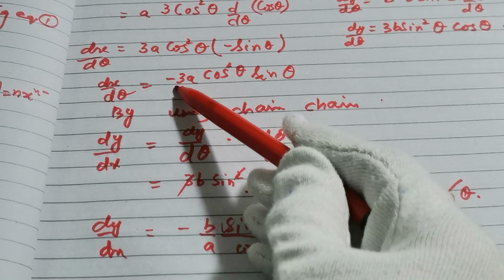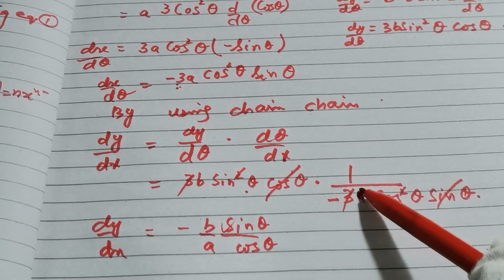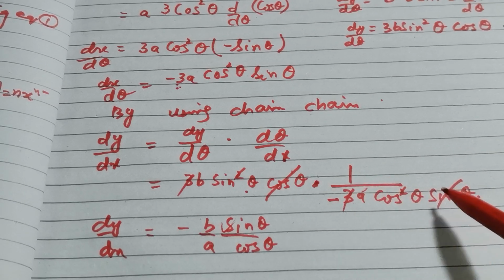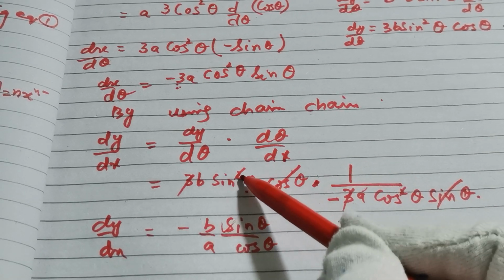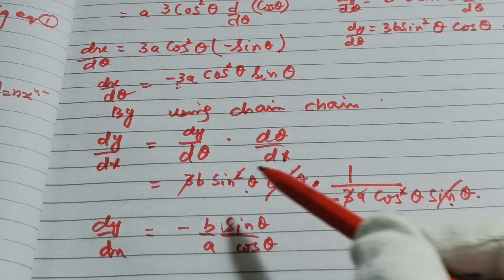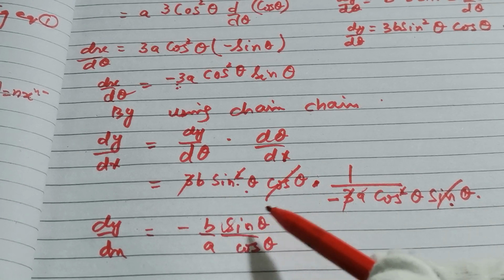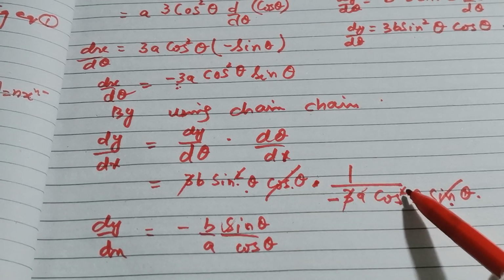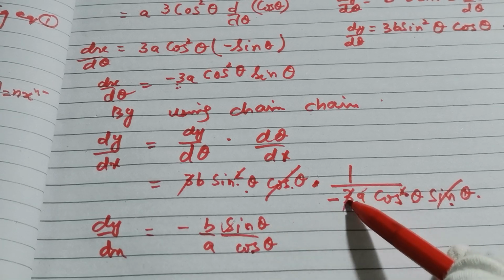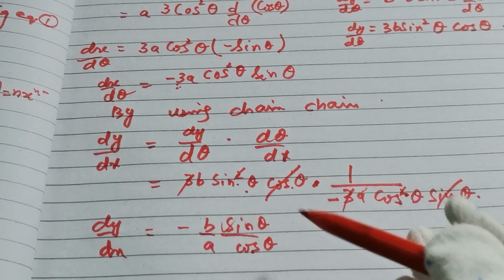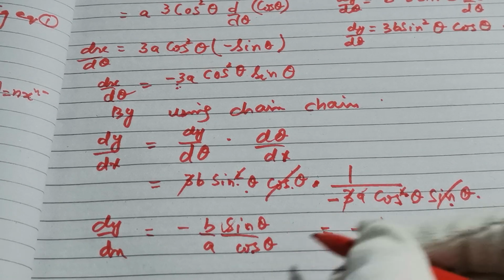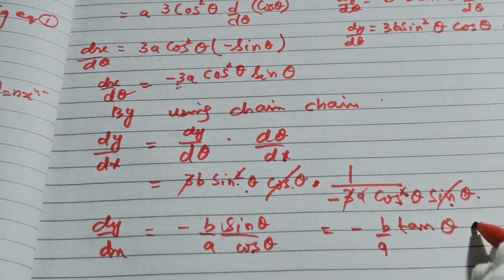So we take the reciprocal of this term: dot 1 by minus 3a cos square theta sin theta. One sin theta cancels, one sin theta is left, and cos theta divided by cos square theta, we cut the 2, one cos theta is left, 3 and 3 cancel, b by a, which is equal to minus b by a sin theta by cos theta, which is tan theta.